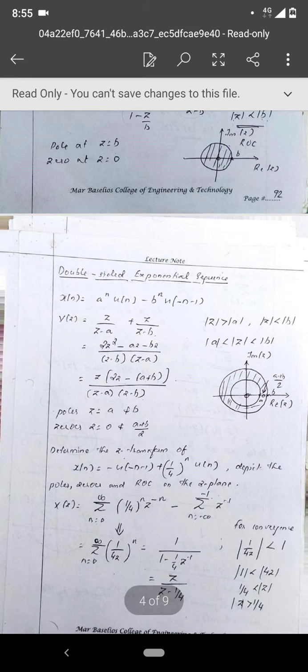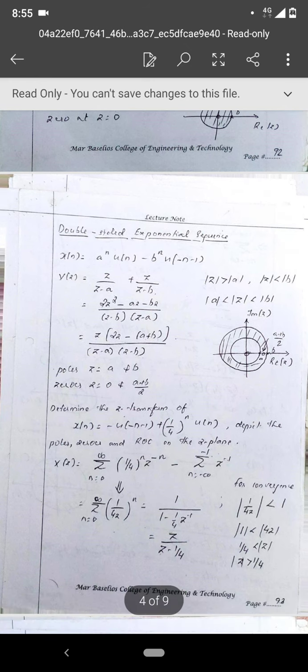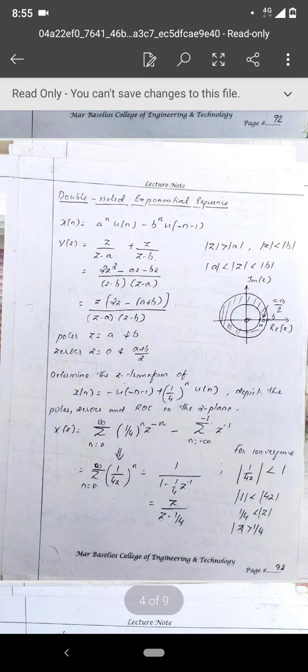Now let us see a double-sided exponential sequence. Earlier we saw a strictly anti-causal sequence. Here x of n is equal to a raised to n u of n minus b raised to n u of minus n minus 1. Both results we have.